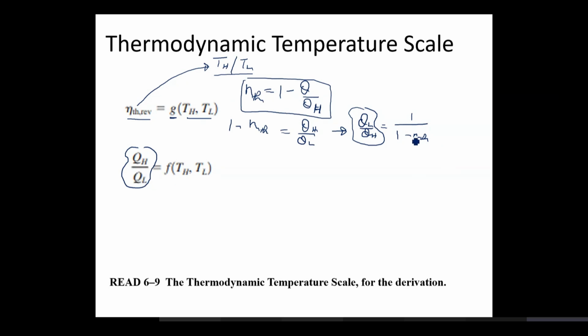If the efficiency of a reversible engine is a function of TH and TL, that means QH over QL for a reversible engine is also a function of TH and TL. Although not the same function, some other function f, QH over QL is also a function of TH and TL. I'll not go into the detail of that.